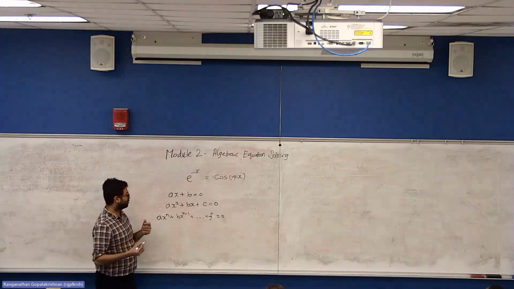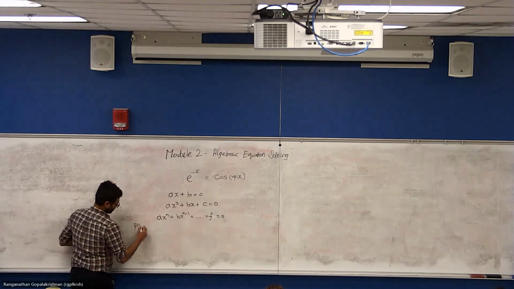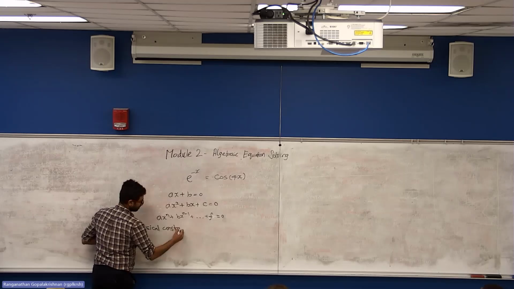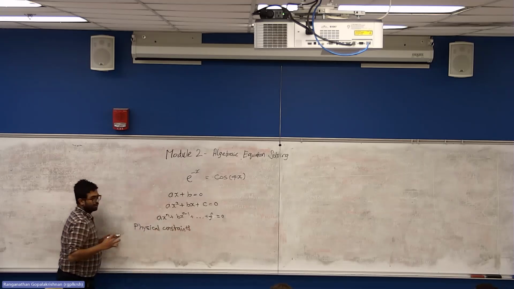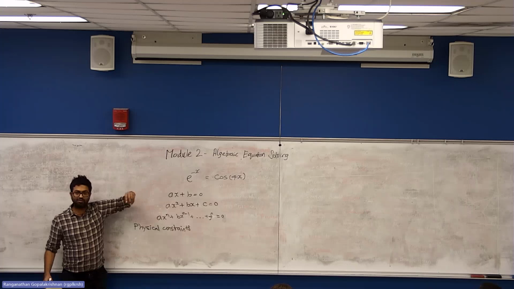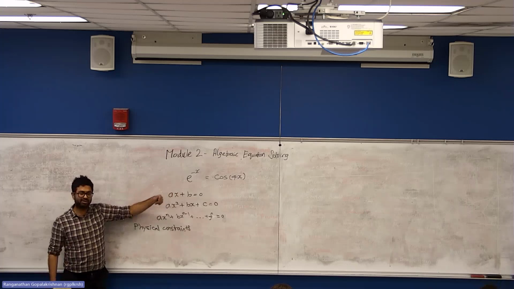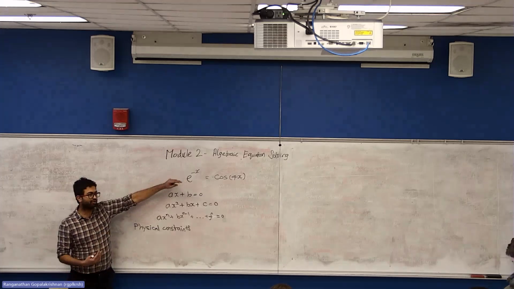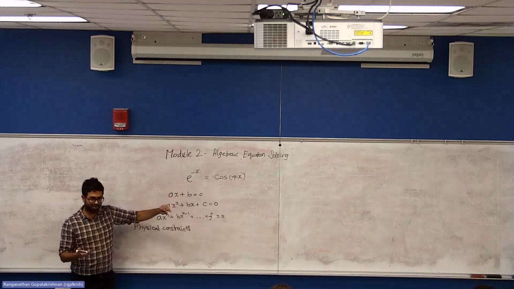So there are physical constraints that impose limits on the solution. The numerical procedure will tell you what values can satisfy this equation, but we still have to apply our logic and physics constraints to understand which are possible solutions to the physical problem.